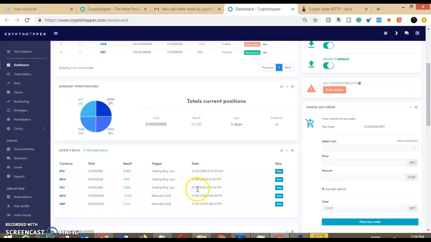But since I've turned it on, you can see here from the 29th that it has given me positive trades. So I've made a nice little bit. And again, this is on a very small scale, but I like to keep it that way in order to limit my risk.